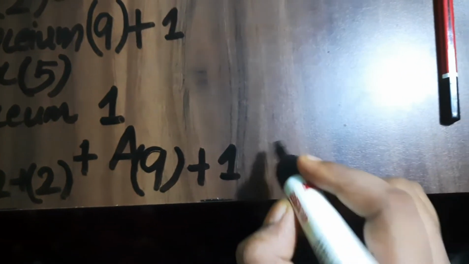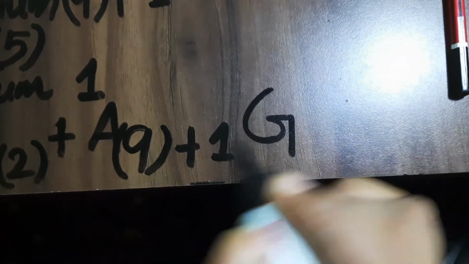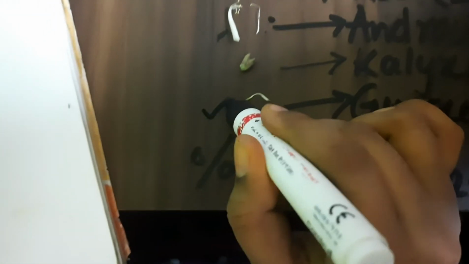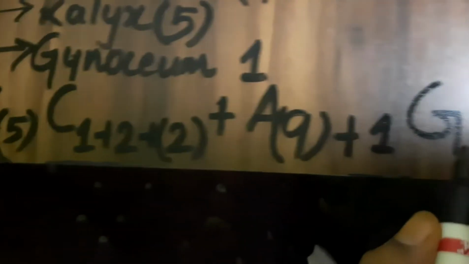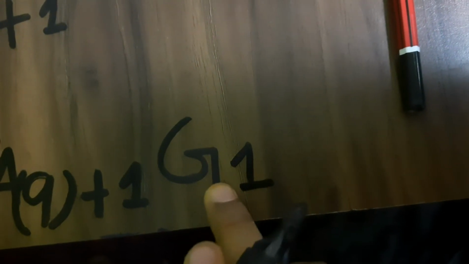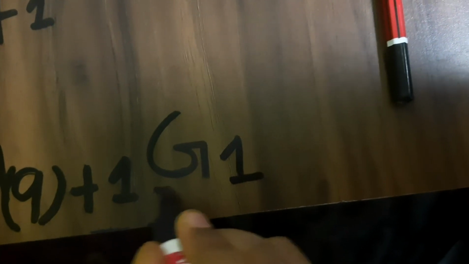And gynoecium, this one is the gynoecium. It is present at what number? Only 1. There is only 1 gynoecium, and you have to remember that the ovary is superior.